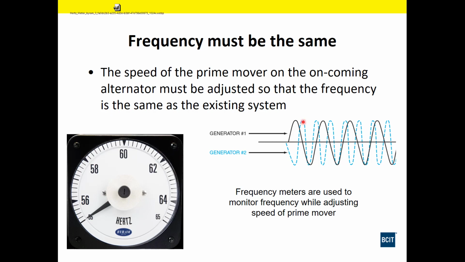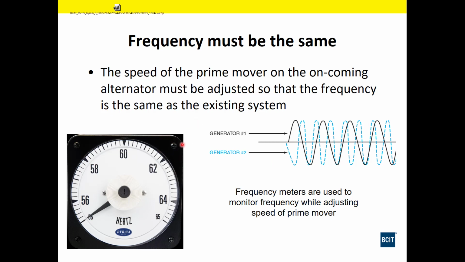We're guaranteed that if this was A phase from generator 1 and A phase from generator 2, they're out of phase from each other because they're not going at the same speed. So we don't have the ability to bring them in phase and a thing called in step yet. Okay, and by in step I mean the peaks happen at the exact same time. We're going to look at that.